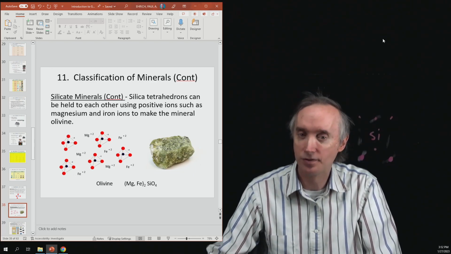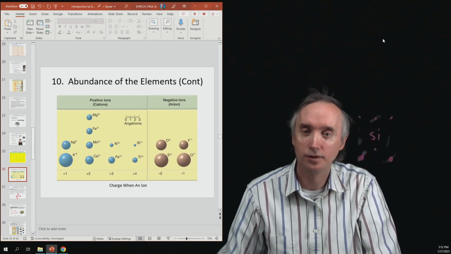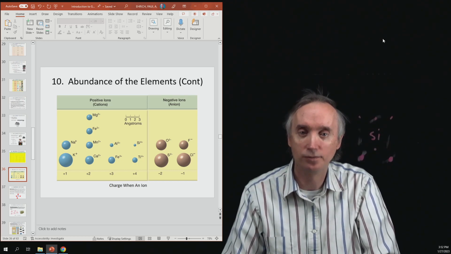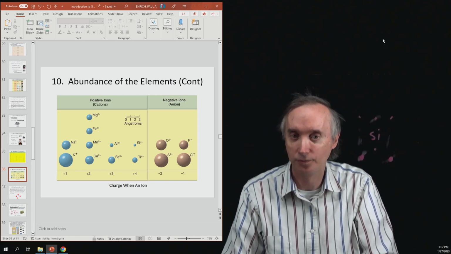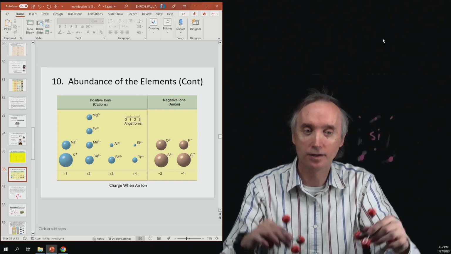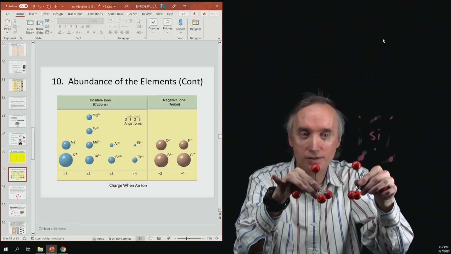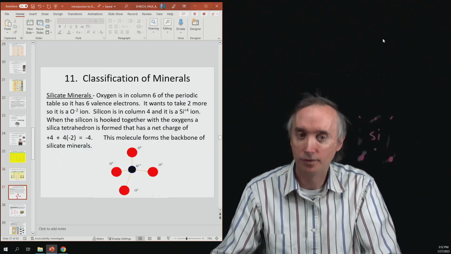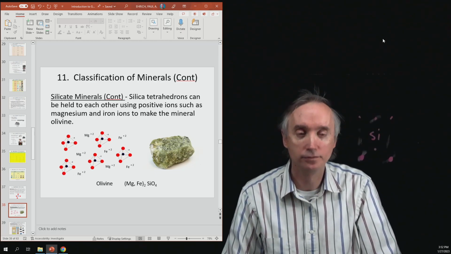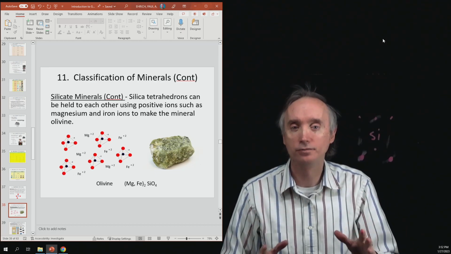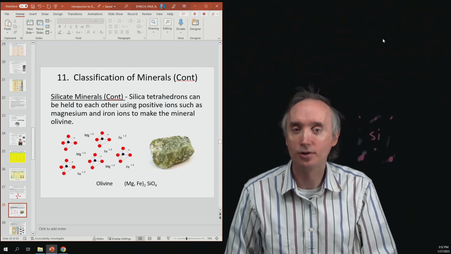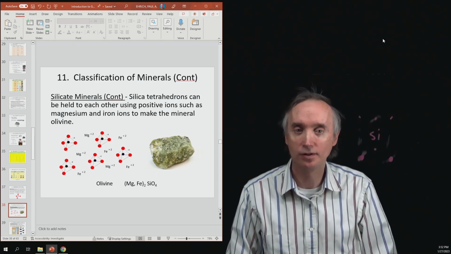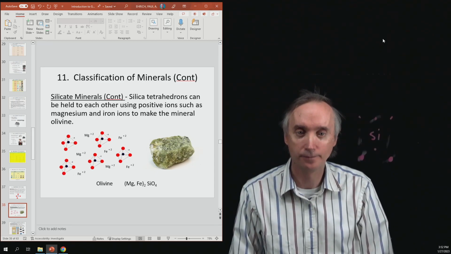If we go back to this previous slide, find magnesium and find iron, and do you notice that they have plus charges on them? So they act like a glue that holds these things together to make the mineral olivine. Now you don't need to know how this works, but I'm just showing you that you can glue these silica tetrahedrons together this way.